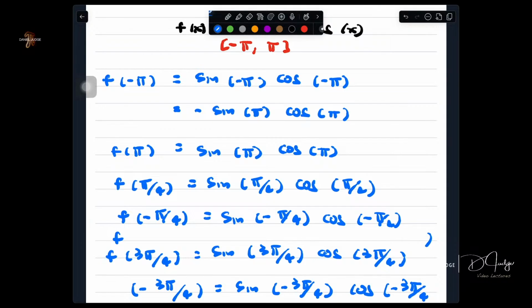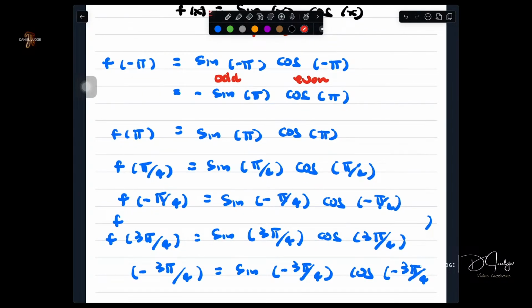Cosine is even. Now, let's think of what sine is. Sine of pi is actually 0. Cosine of pi is negative 1, but this is now going to give us negative 1 times 0, which is 0. The answer is simply 0.